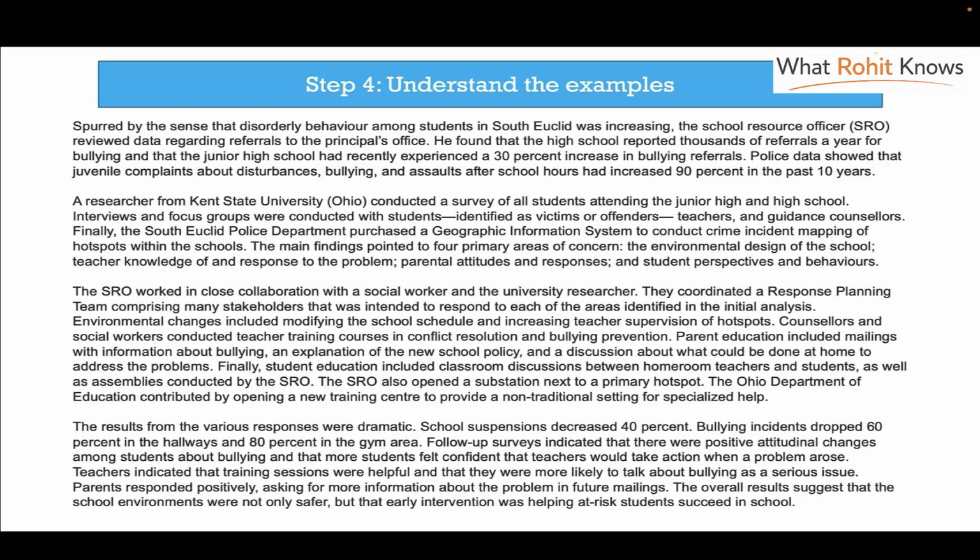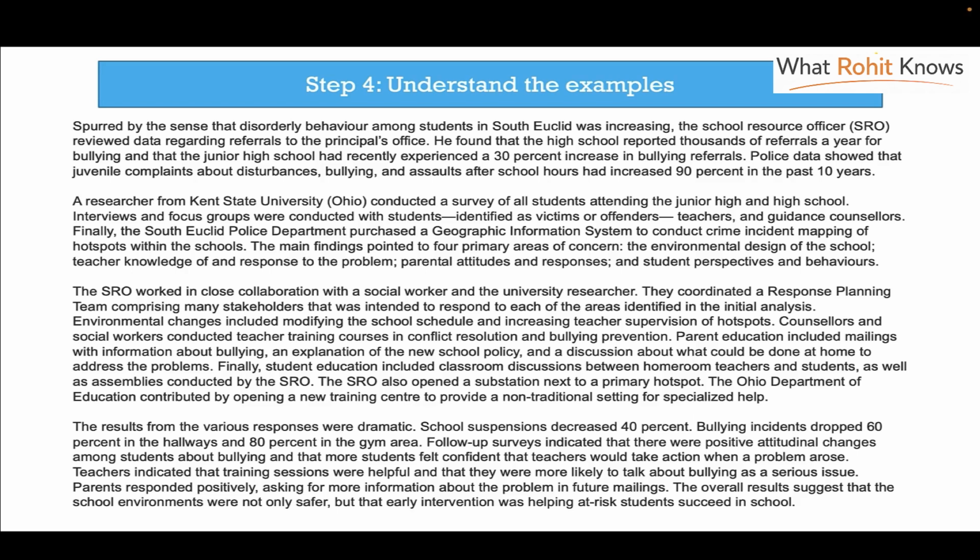Even if you remove this, I'm still able to understand what the text is about: that there's a problem, that disorderly behavior, disciplinary problems, bullying, etc., have been increasing rapidly. That's the problem. So the last sentence is just supplementary information. He gave some example numbers to illustrate how much that increase has been. But it's supplementary information, so we can ignore it.